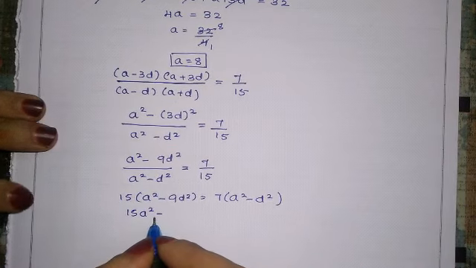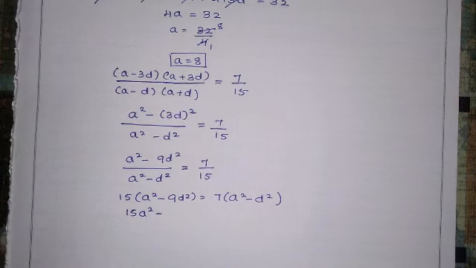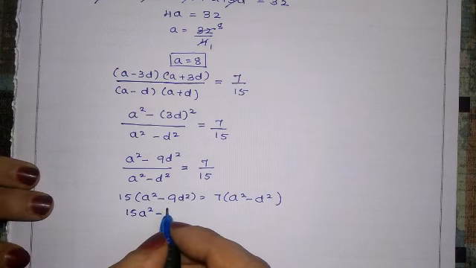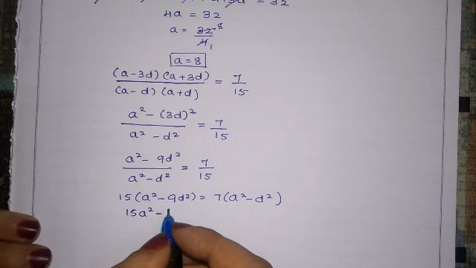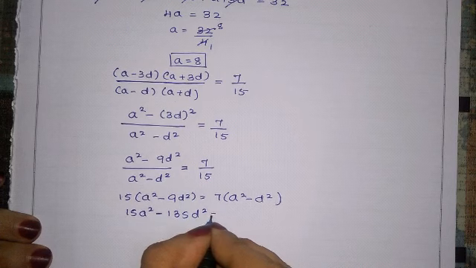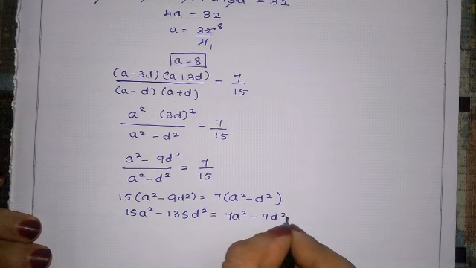We'll open the bracket: 15 nines are 135d² is equal to 7a² − 7d². We have got the a value, 8, so we'll substitute it.